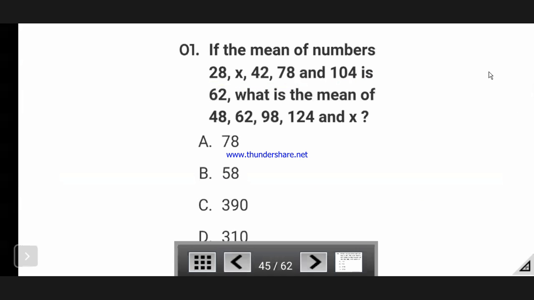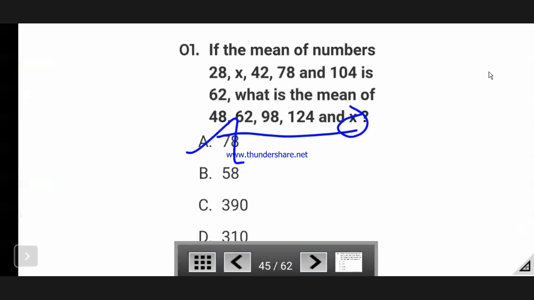With that, we calculate the value of X. After calculating the value of X, we put it here and calculate the mean with these terms. So, 5 terms. We add these and divide by 5. We will get the mean value as 78.